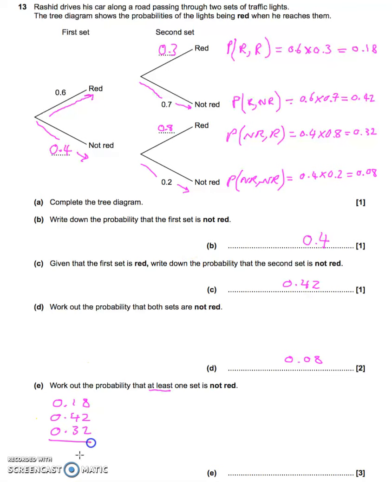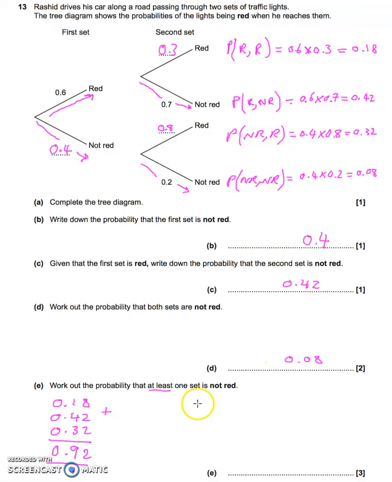So they're the 3 ways that we could have at least one set that's not red. We can just use our calculator again to add these up, and that gives 0.92. So you add the probabilities at the end.